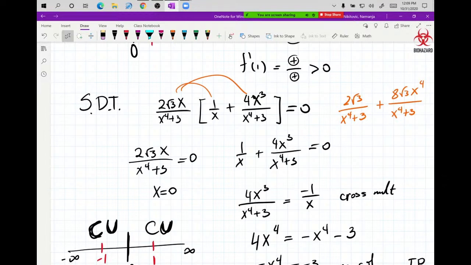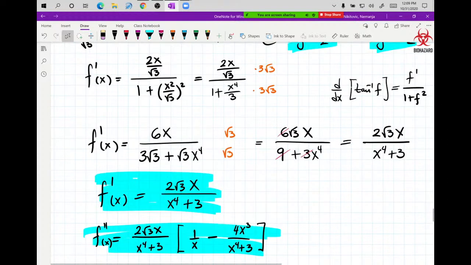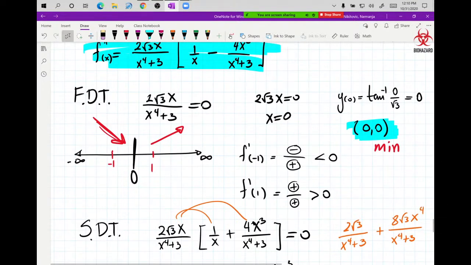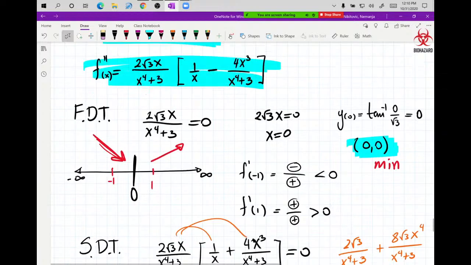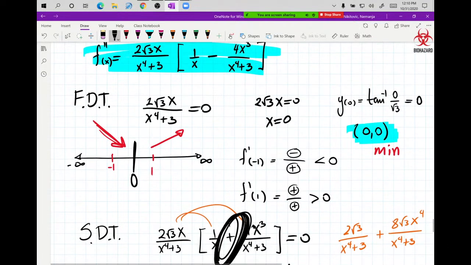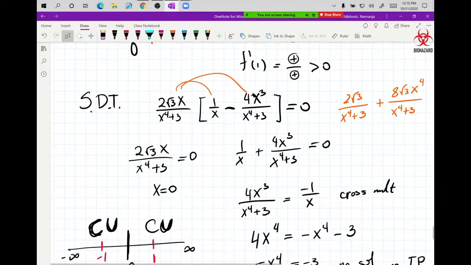This is plus 3, right? So the 4 plus 3, that's a minus there. I copied this sign wrong. Look at the blue up there. Right? So I copied this sign wrong, and because of that I got no solution here.